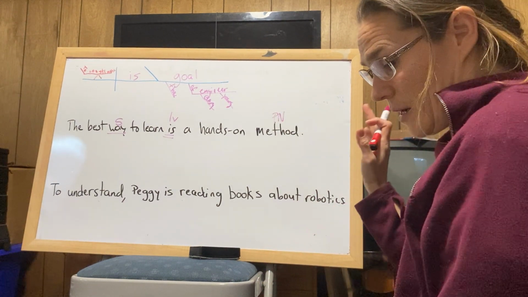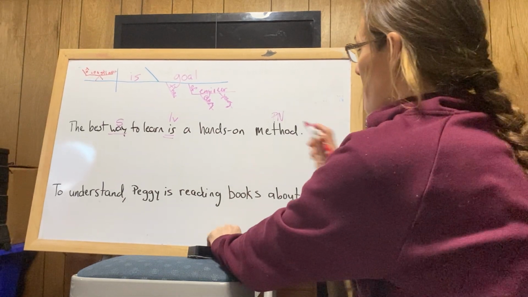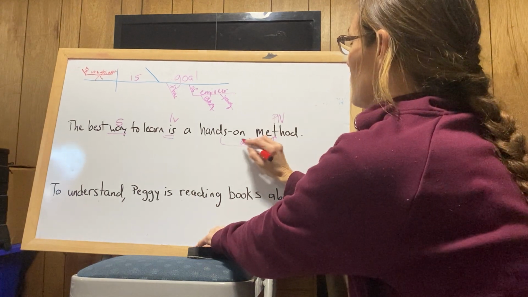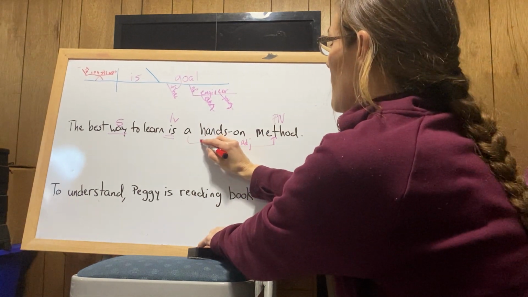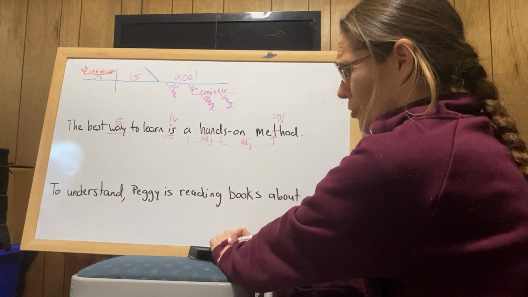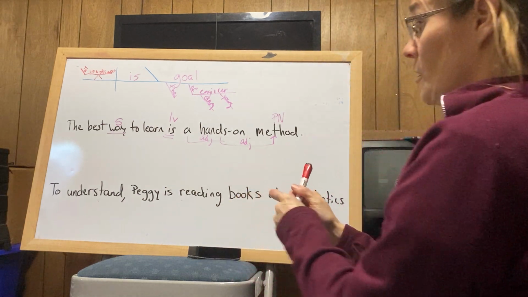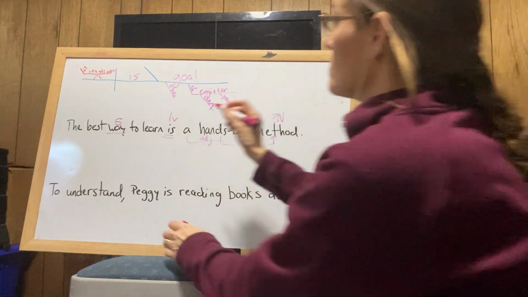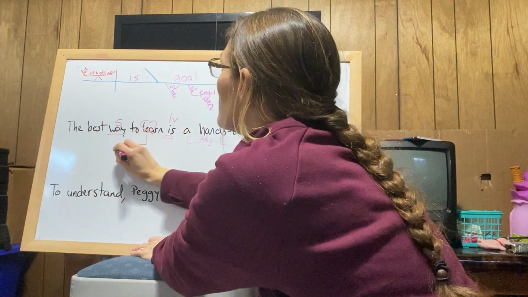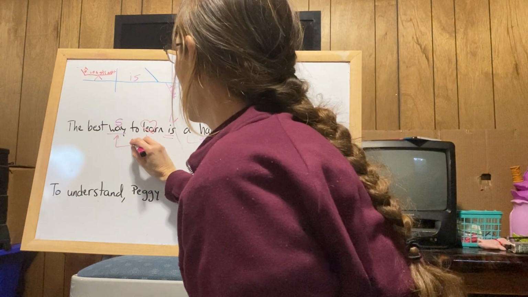So go finding our modifiers from right to left. Hands-on. What kind of method? Hands-on method. Which method? A method. So what is to learn? I don't know. It's a verbal, right? It is modifying way, and it is acting as an adjective.